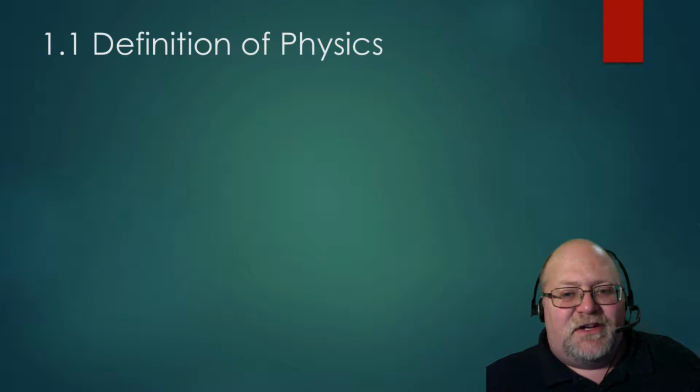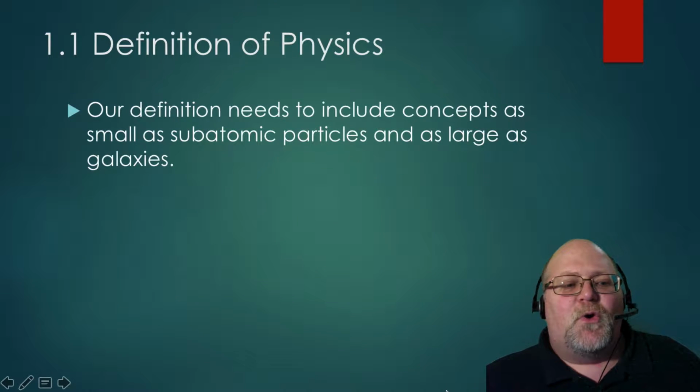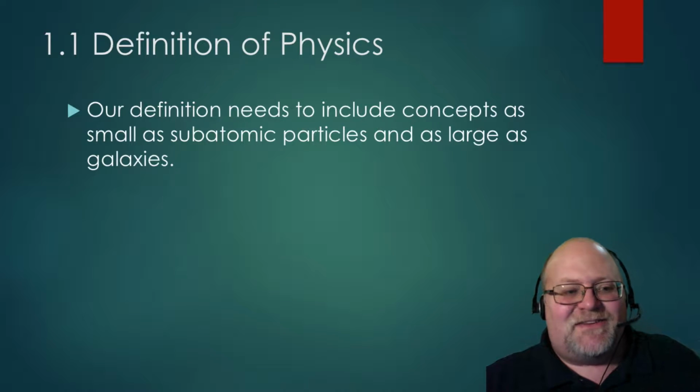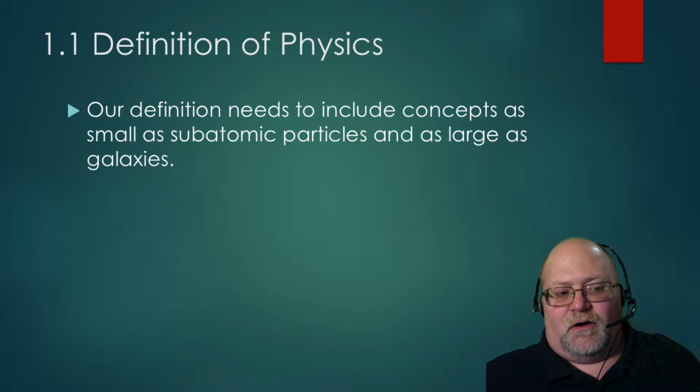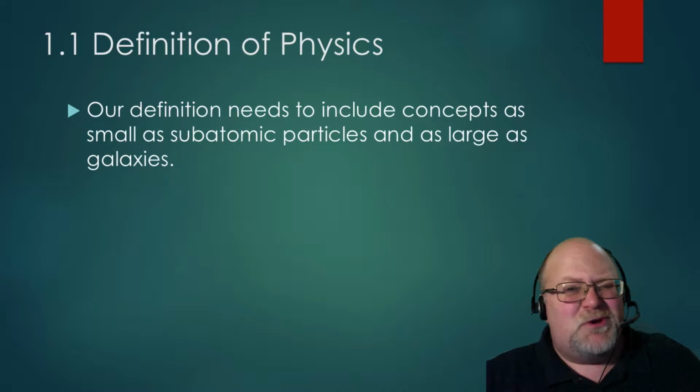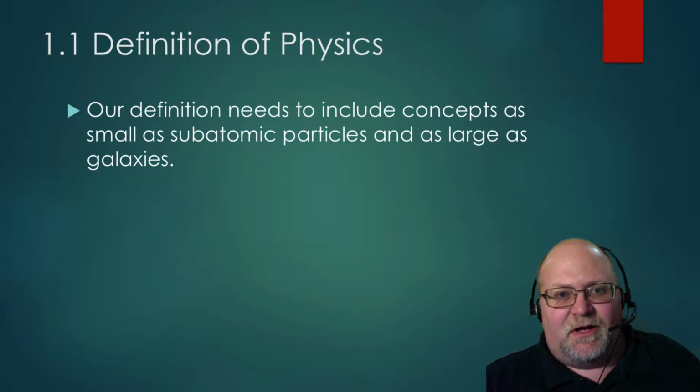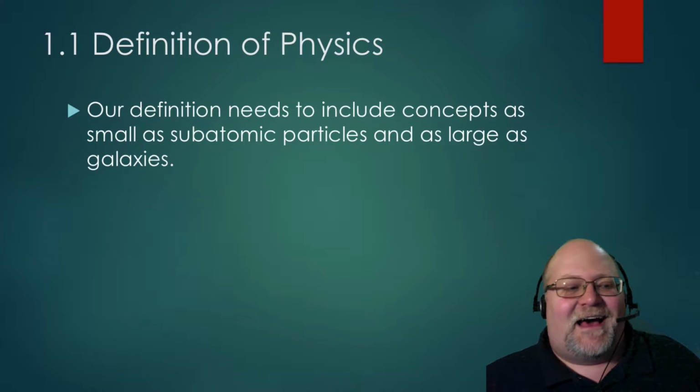So, what is the definition of physics? Well, a definition of physics is something that needs to include concepts that are subatomic particles, really tiny things. And I'm not talking about just atoms that you might have learned in chemistry class or some previous science class. I'm talking about what makes up the protons, what makes up the neutrons, and what is an electron, and what are baryons and gluons and leptons and things like that.